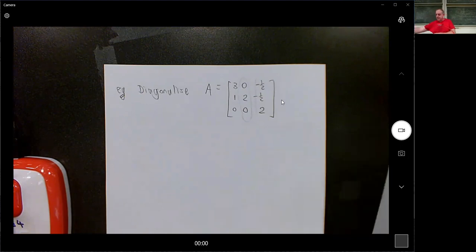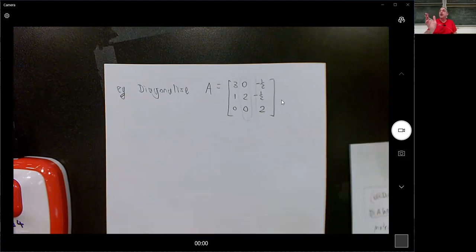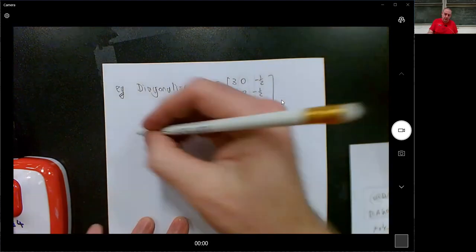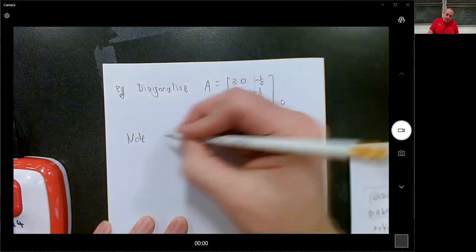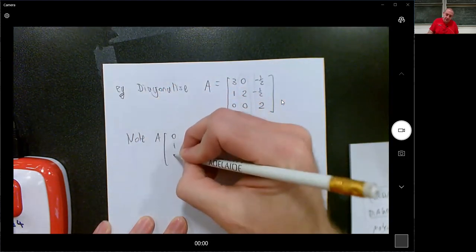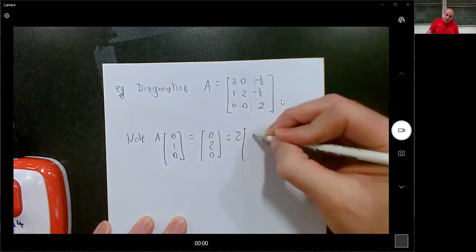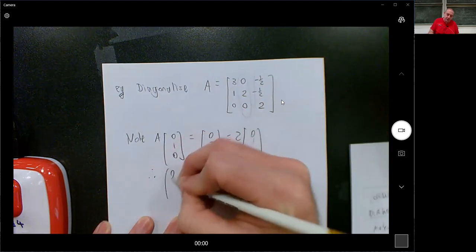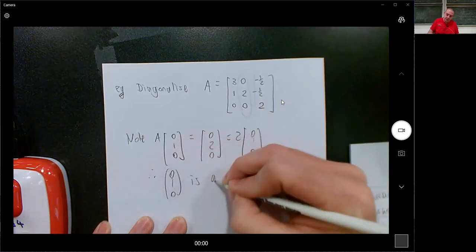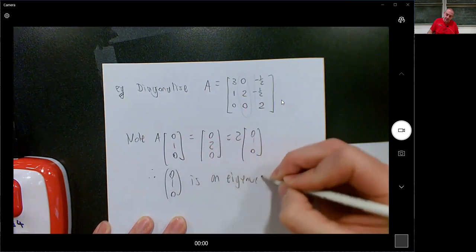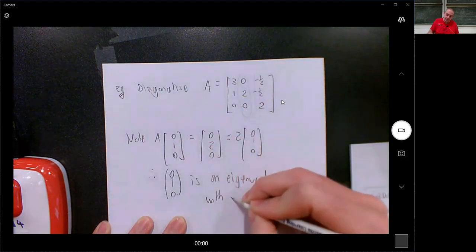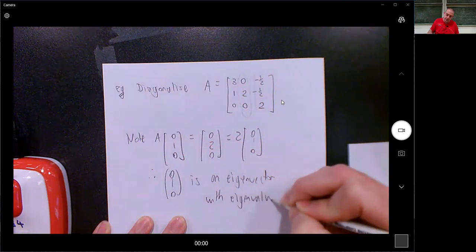Okay, moving on. But suppose you didn't notice that. It is totally okay for you to notice one of the eigenvectors and just say this. You could say: note A times (0, 1, 0) is (0, 2, 0), which is 2 times (0, 1, 0). So therefore (0, 1, 0) is an eigenvector with eigenvalue 2.